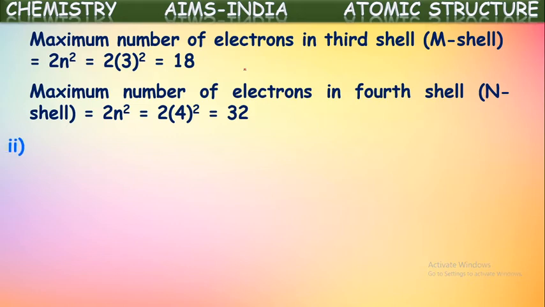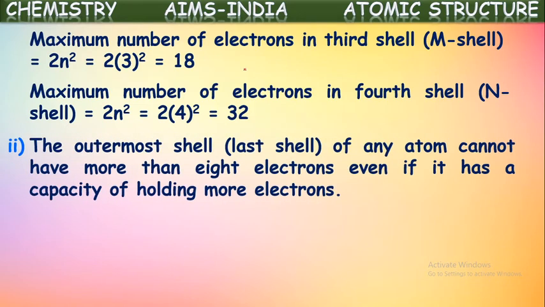Okay. Next point. The outermost shell of any atom cannot have more than 8 electrons, even if it has the capacity of holding more electrons. Yes, we are saying here, according to the formula 2n square, the maximum number of electrons is given. But for any element, the outermost shell can have a maximum of 8 electrons.